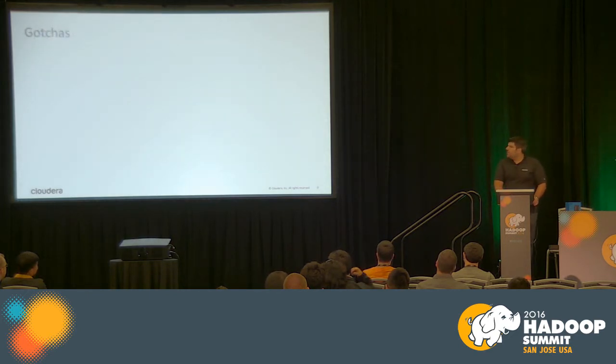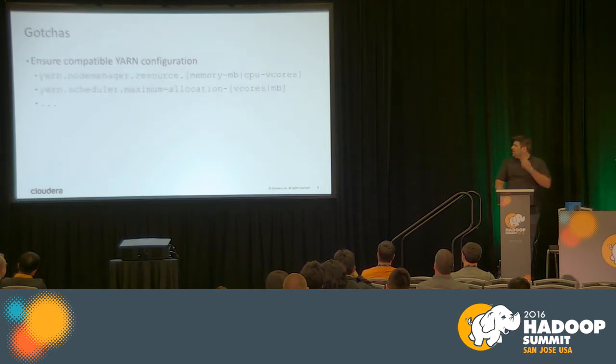So what are some gotchas when you're using Spark on Yarn? These are some of the things that we've run into. In Spark, you can specify how big you want your executors to be, and how many cores you want per executor. But that all has to line up with the configuration that you've set up in Yarn. Sometimes the people who have set up Yarn are not the people who are also running Spark.